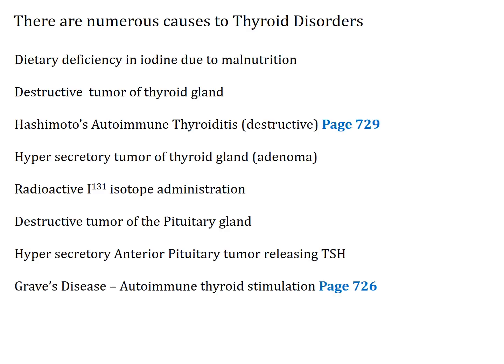So the easy one, if the person was malnourished and markedly deficient in iodine intake, which way are they going to go? High or low? Hypothyroid, right? If they had a hypersecretory tumor of the thyroid gland, so they had an adenoma secreting a bunch of T4 and T3, which way would they go?